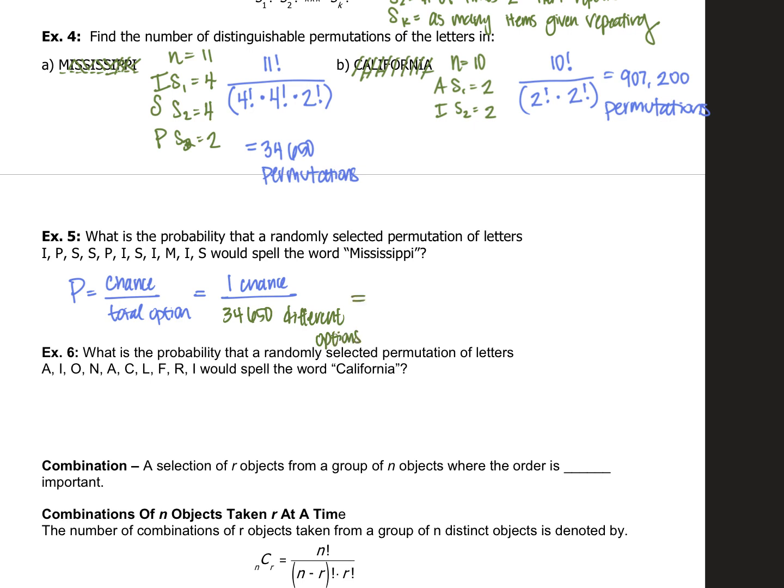So if we type that into the calculator, 1 divided by 34,650, I just want us to get a concept of percentage there. It is going to end up being 0.003%. So less than 1% chance that those letters would spell Mississippi the first time.